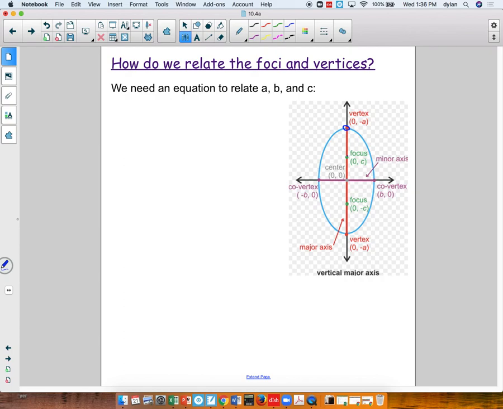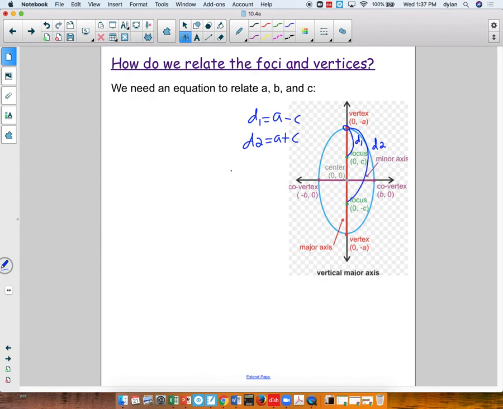So we know that this distance right here, I'm going to call d1, and this distance down here, d2. Now, because our vertex is at a, d1 equals a minus c, because a is the distance from the vertex to the origin, so the distance from the focus to the vertex is just a minus c. d2 equals a plus c, because it's the distance a from the vertex to the origin plus the distance from the origin to the focus.